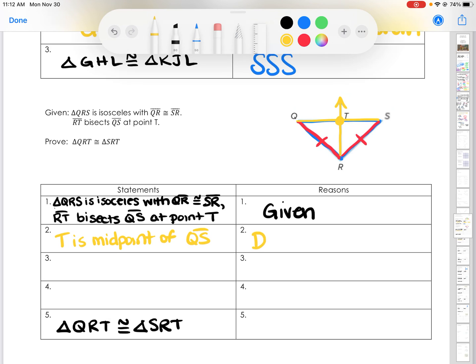And that's by our definition of bisector or segment bisector if you want to get technical. All right, so since we now know that that is the midpoint, we know that QT is congruent to ST, and that's like we used before, the midpoint theorem.